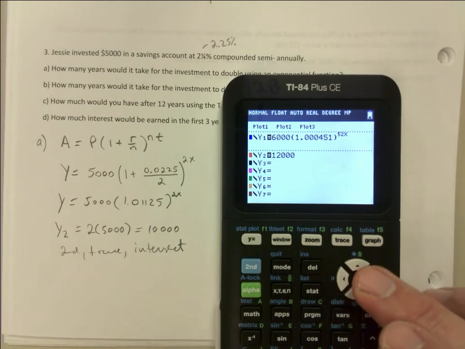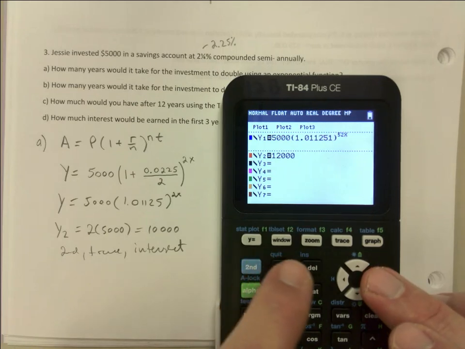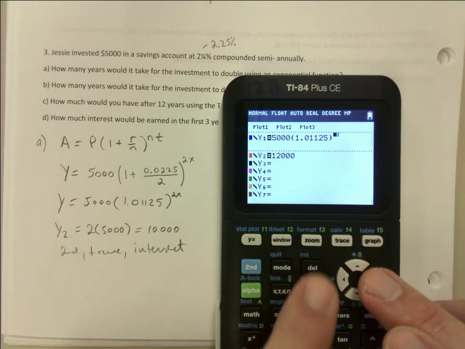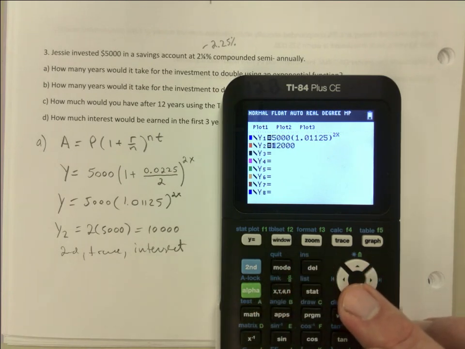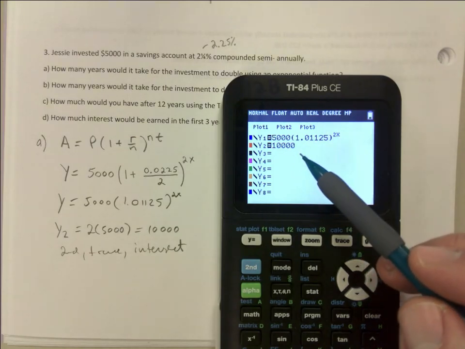I already have something exponential in here, so I'm just going to change this. This is 0.01125. Delete that. And then at the top is just 2x, okay? Like that. And I'll let y2 be 10,000.